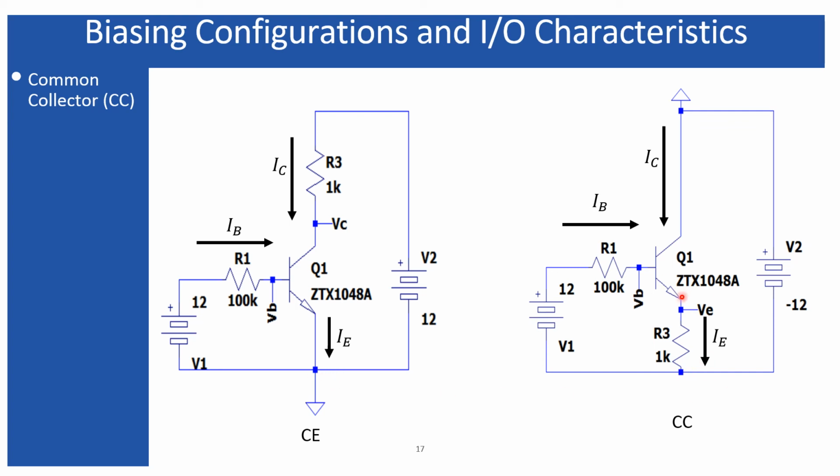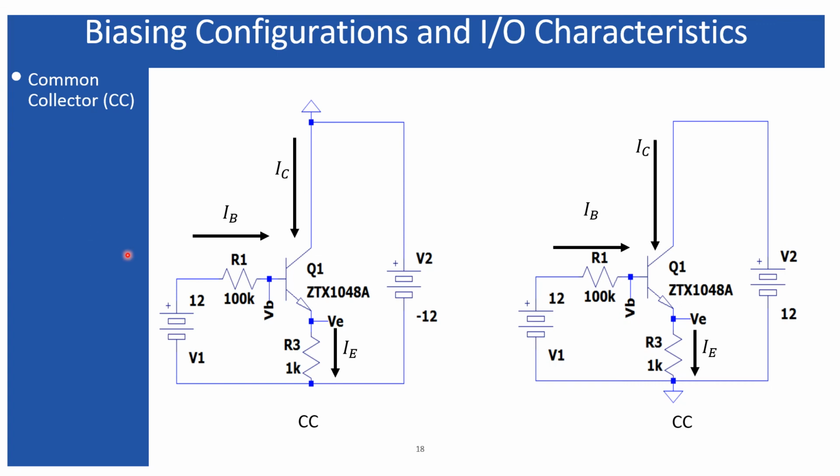And in this case, the collector terminal is connected with the same common reference point, the 0 voltage, and the resistance which was connected with the collector terminal in case of common emitter is right now connected with the emitter terminal. And this voltage I was taking from the collector, right now I am taking across the emitter. So this represents the common collector configuration.